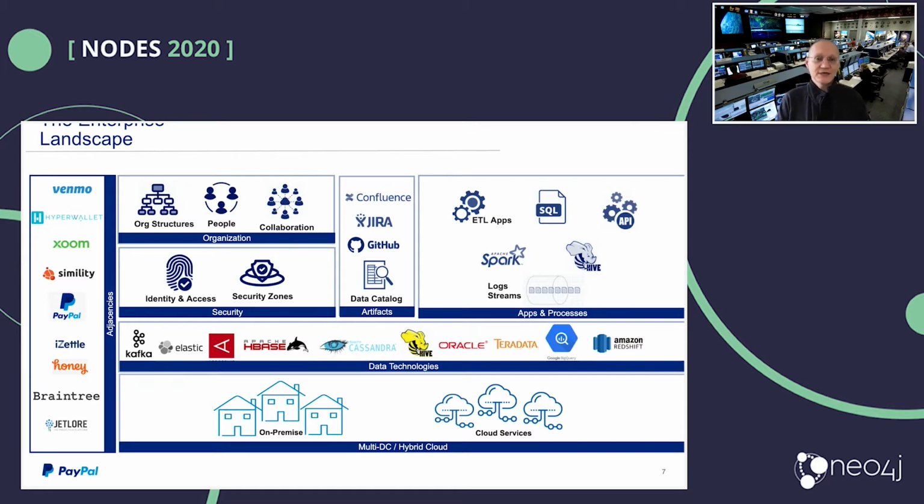So here you see a typical landscape of the enterprise architecture. At the bottom, you have a foundation, which are the data centers. That can be your own data centers, or you can be using the cloud. On top of that, there is a variety of data sources. They will include traditional things like relational databases in different flavors.